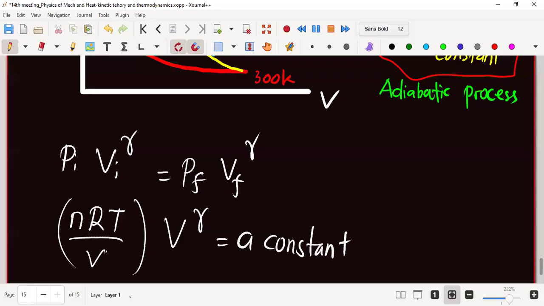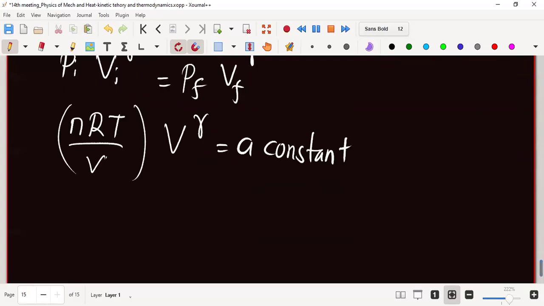Then we can write that T times V to the gamma minus 1 is a constant.